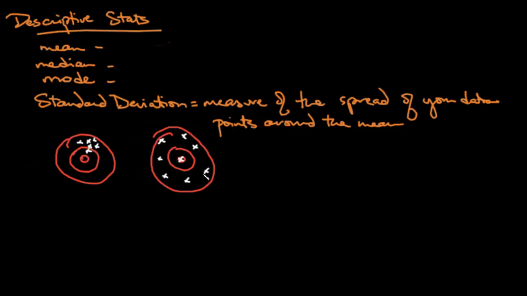These hits are far more spread out, which would indicate a higher standard deviation or a higher spread of the data around the average, whereas these are more closely clustered, which would make a smaller standard deviation or lower spread of the data.